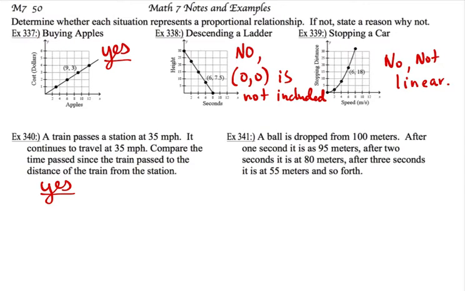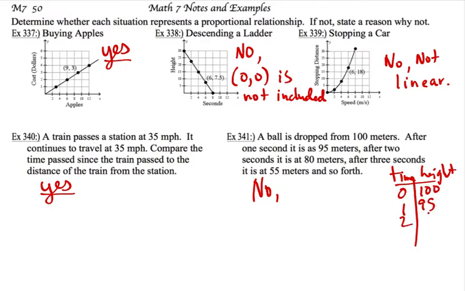A ball is dropped from 100 meters. After 1 second, it's at 95 meters. After 2 seconds, it's at 80 meters. And after 3 seconds, it's at 55 meters. This one's no. To help you see a little bit better why, if we have the time compared to the height, it starts at 100. After 1 second, it's at 95.